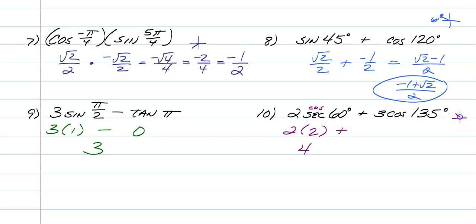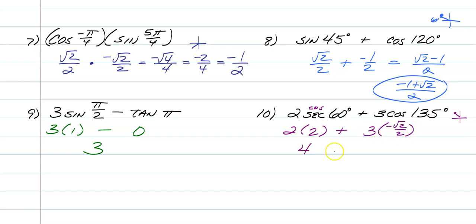So 135 is over here. Reference angle is 45 degrees. So cosine of 45 is root 2 over 2, but it's negative there.